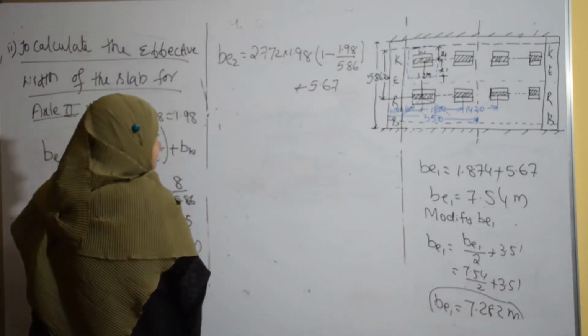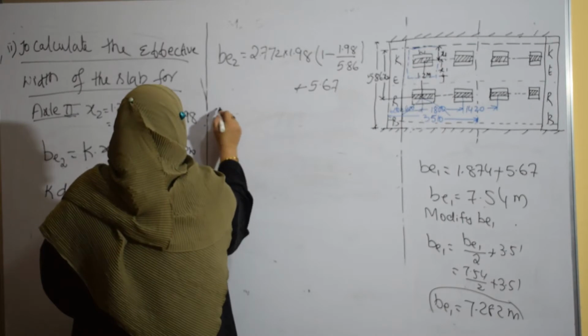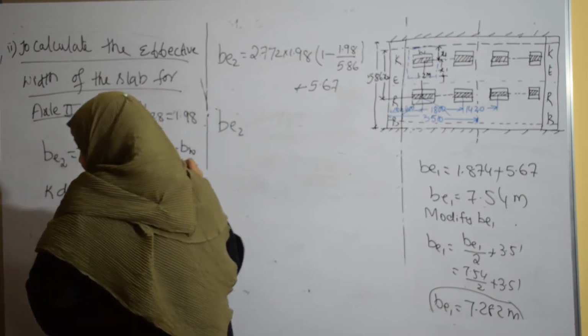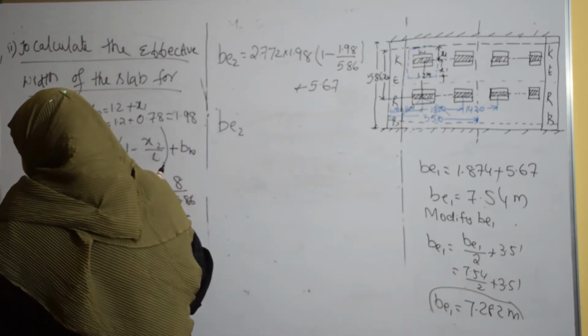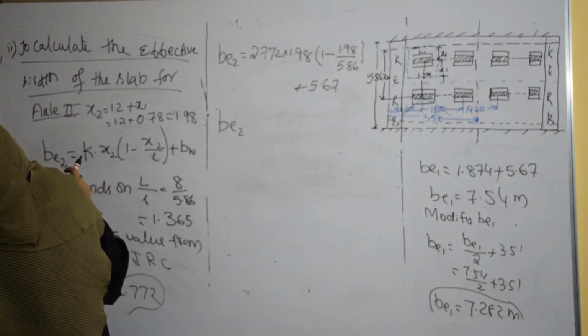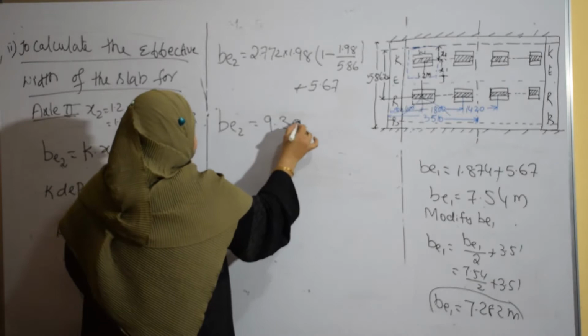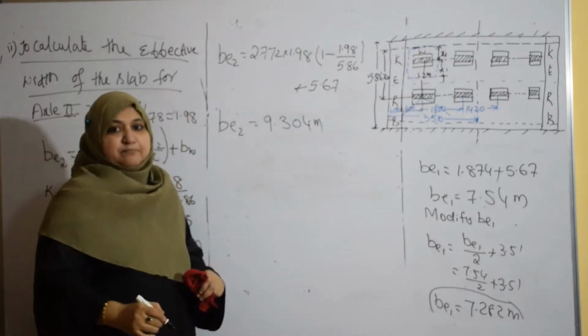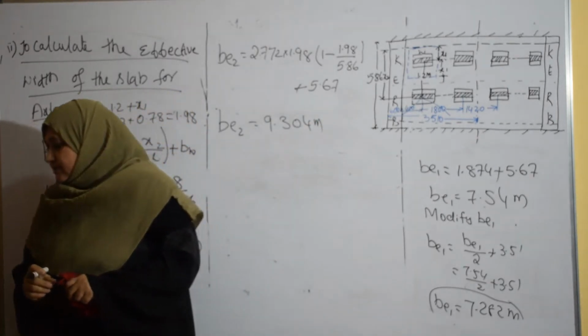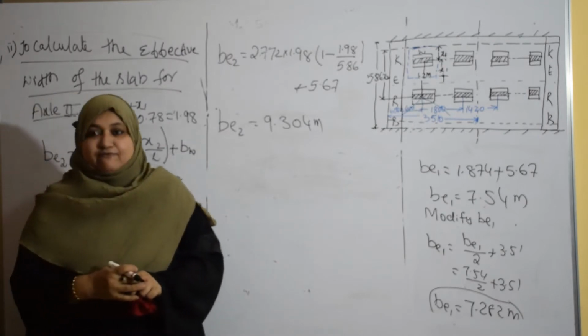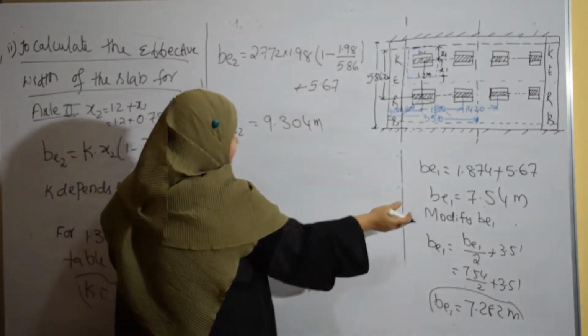So when I calculate this, B effective second comes out to be 9.304 meters, which is more. So we have to modify it. You can see it here, right?